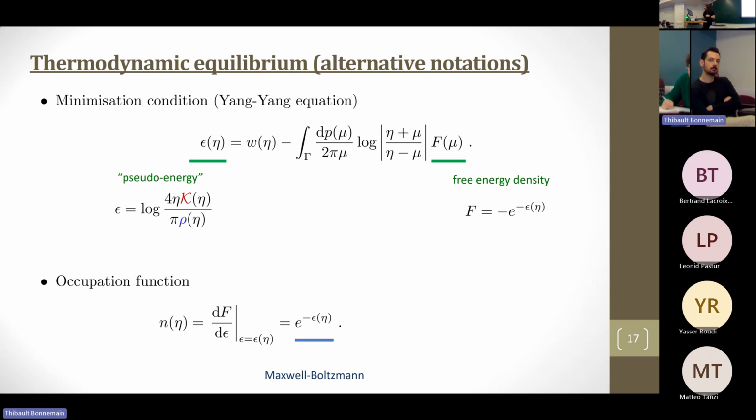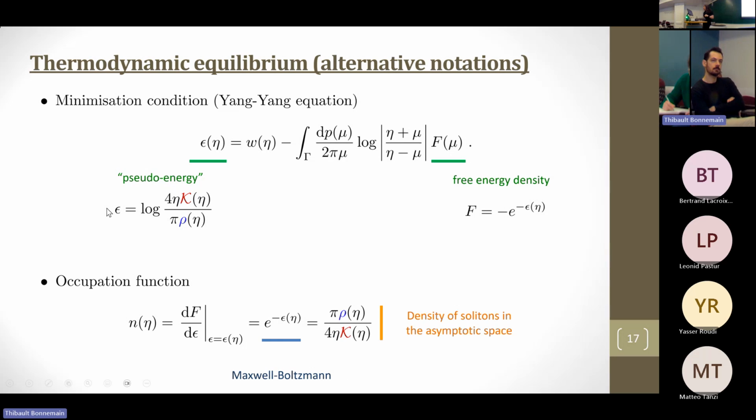And if you look at the form of epsilon, you see that the occupation function is proportional to rho over K, meaning that it's proportional to the density of solitons in real spectral space over the density of asymptotic space. So you can see this as an occupation function, as a density of solitons within the asymptotic space. Okay, so this occupation function kind of makes sense.